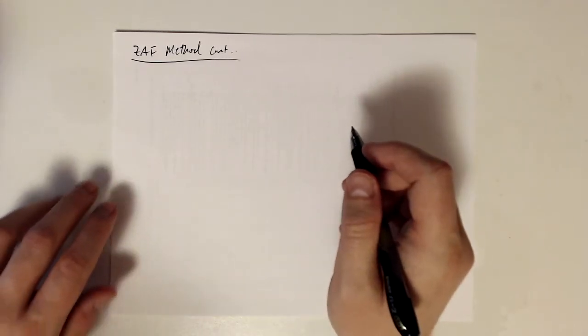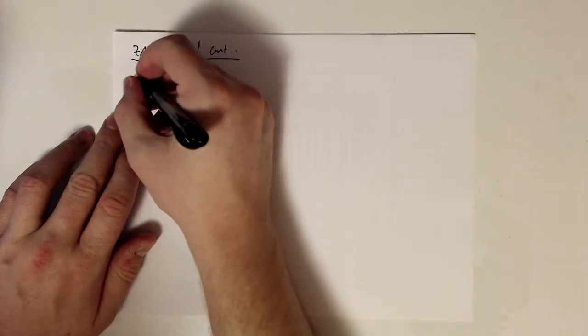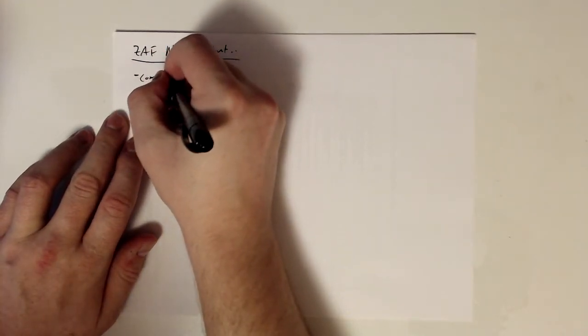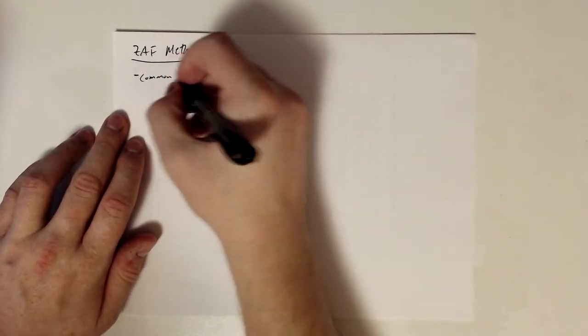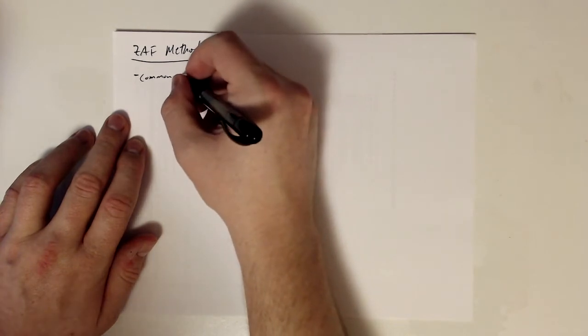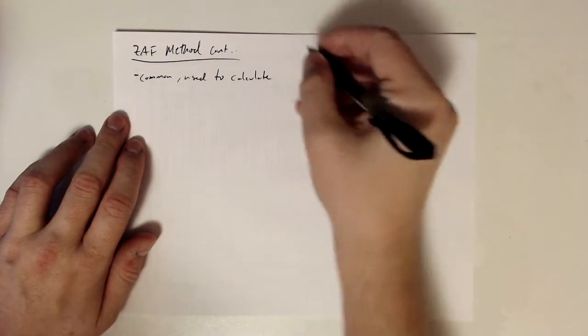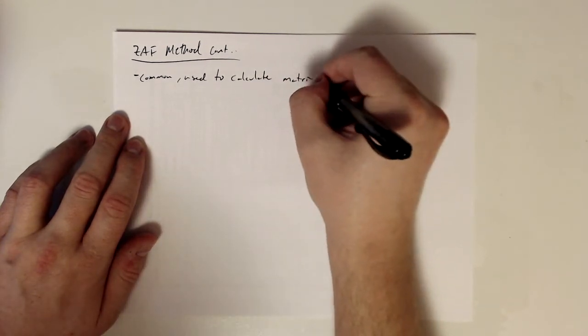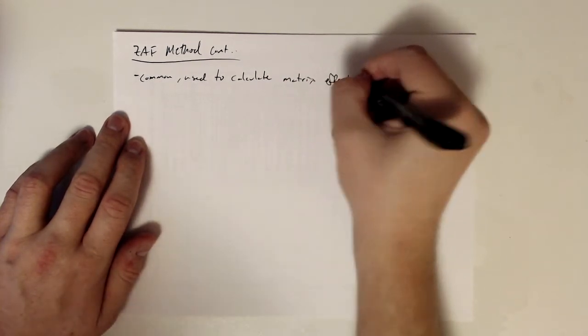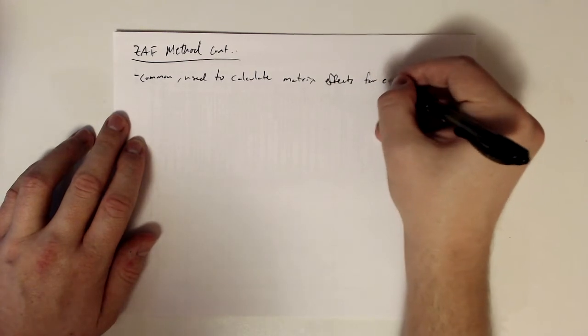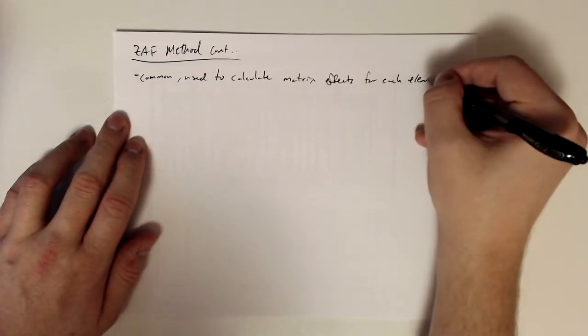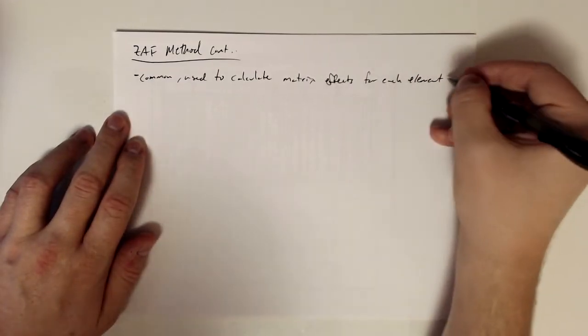All right, so this ZAF technique is commonly used, and it's used to calculate the matrix effects for each element in a sample.